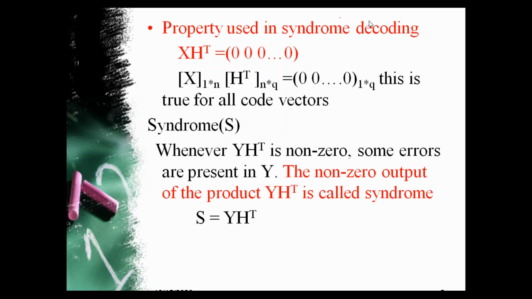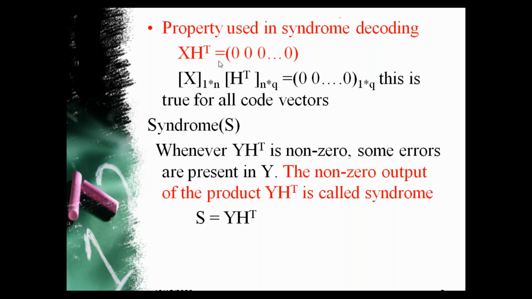Then the property used in syndrome decoding is this: if we take the matrix product of X and H transpose, you can check it with the previous examples. We did an example in the last class and partially completed the problem. Today, one more problem, that is, constructing the linear block code. Then you can check with it.